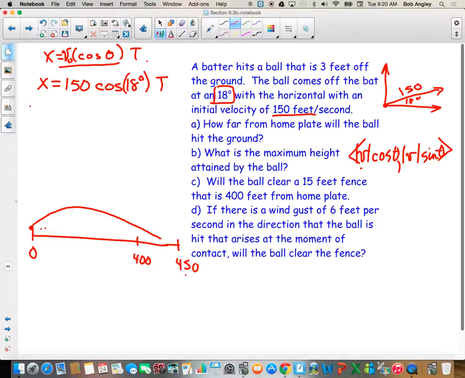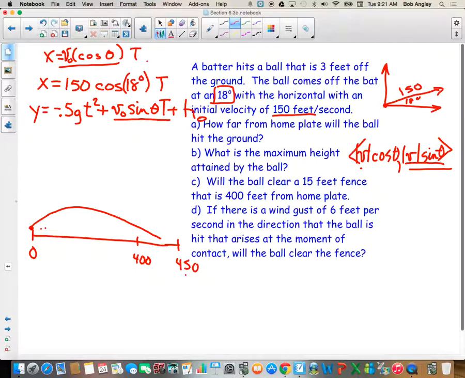Now, the y-coordinate from the other page was negative 0.5 g t squared plus, all right, now, for the initial velocity here, instead of having v sub 0 like we did when it's vertical, we're going to get the vertical component of this. So it's going to be the initial velocity times the sine of theta, and there's a t here, and then the last thing's an h sub 0.